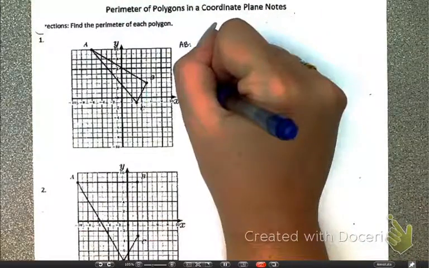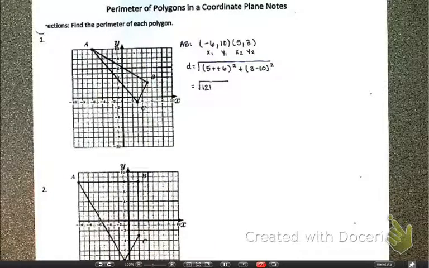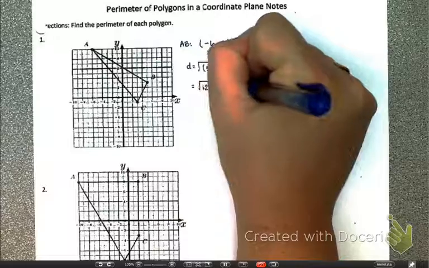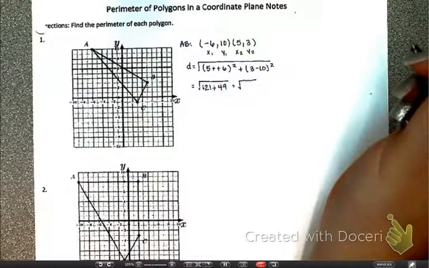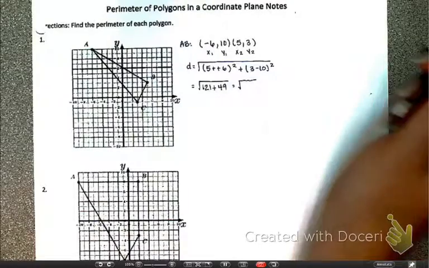121. So if you don't have a calculator, this might be a good time to pull it out of your backpack. And then 3 minus 10 is -7. And what's -7 squared? 49. Giving me the square root of what? 170.